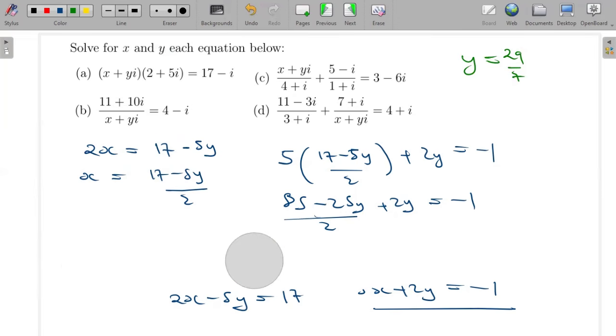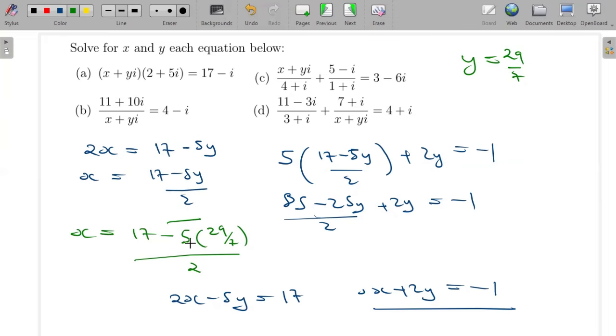So the x value just means that I replace, in this equation that I had, I can just replace my y there. So I have x is equal to 17 minus 5, and then y is just 29 over 7. And then this here divided by 2. So what do I get?